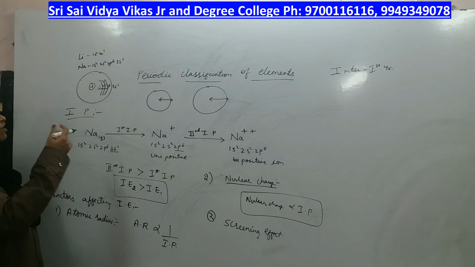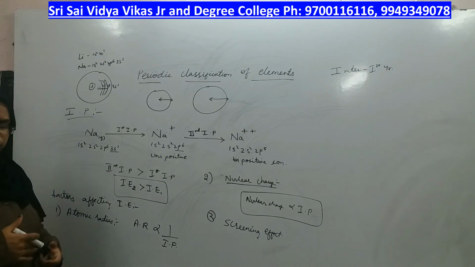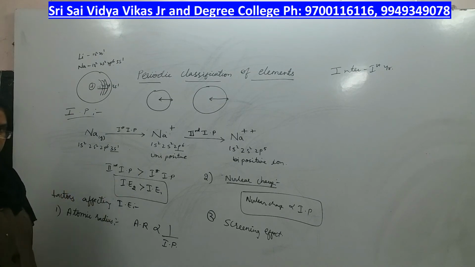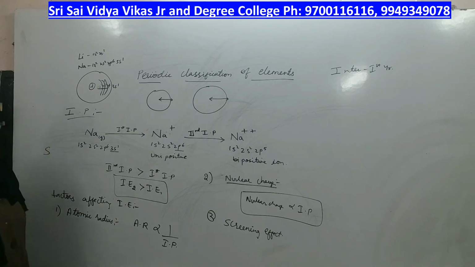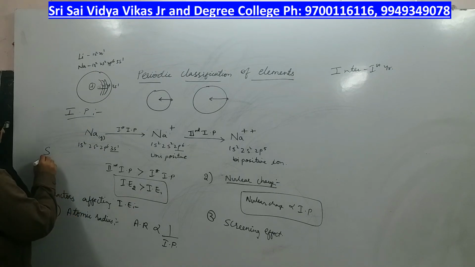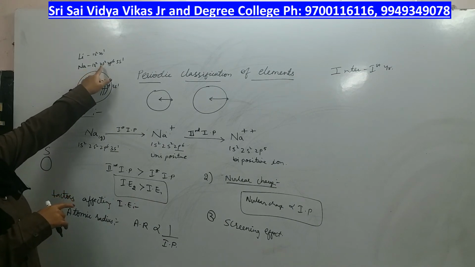What kind of core electrons give more barrier? If s orbitals are present in the inner core, meaning in between the nucleus and the last electron, we already know that the shape of an s orbital is spherical. And in sodium there are s electrons present.